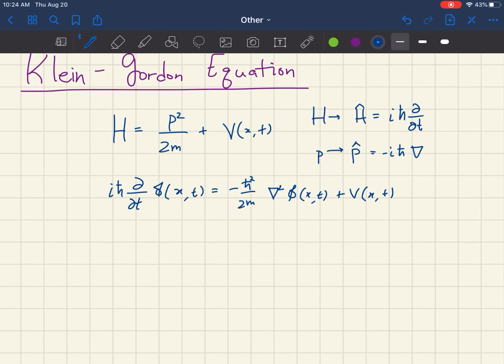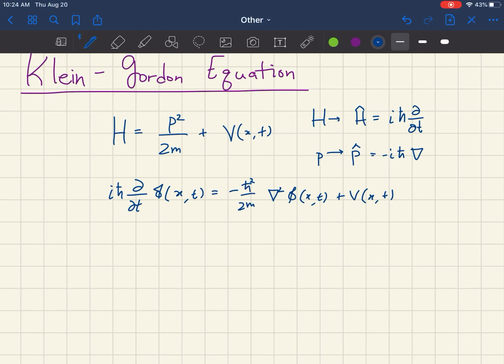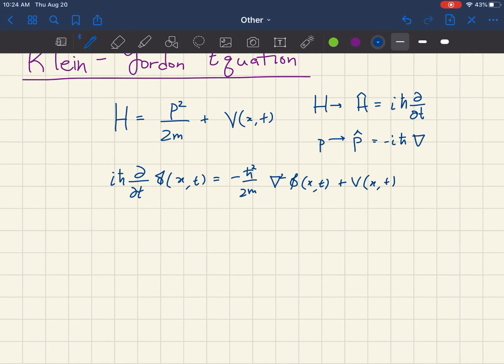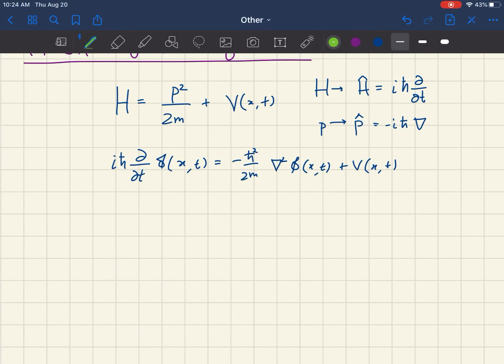All we have to do is substitute these operators into the relativistic Hamiltonian, or the relativistic energy. This is your time-dependent Schrodinger equation.